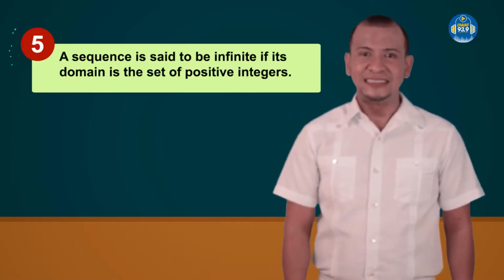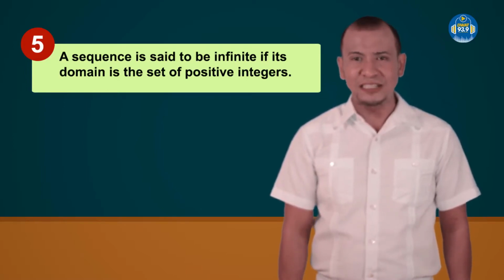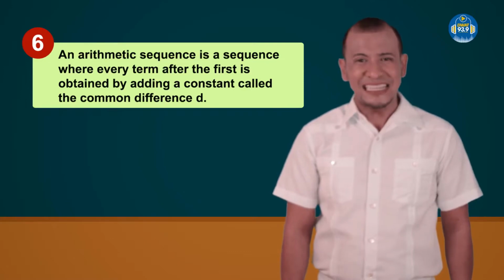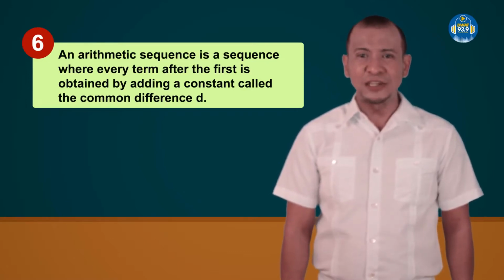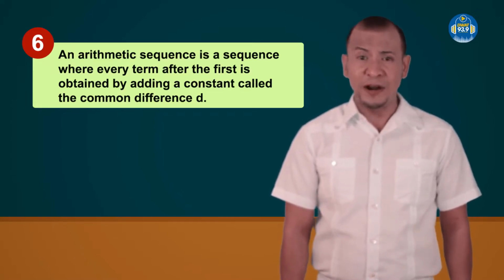Fifth idea, a sequence is said to be infinite if its domain is the set of positive integers. Sixth, an arithmetic sequence is a sequence where every term after the first is obtained by adding a constant called the common difference denoted by d.